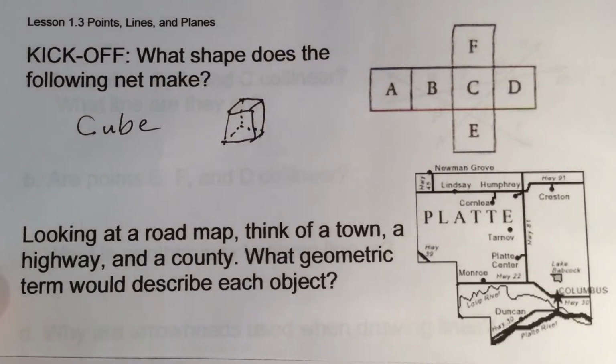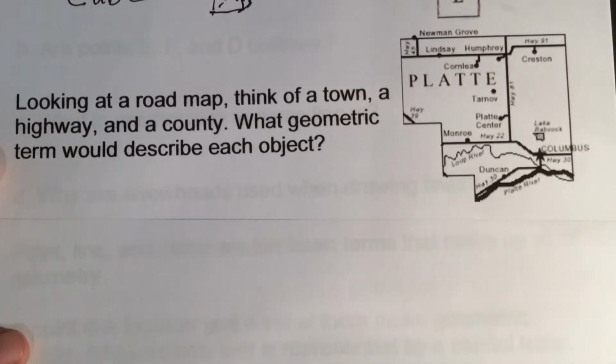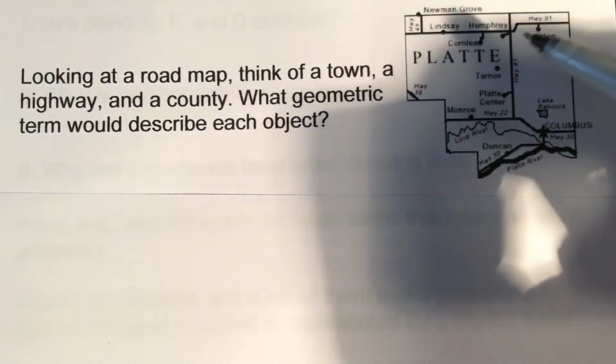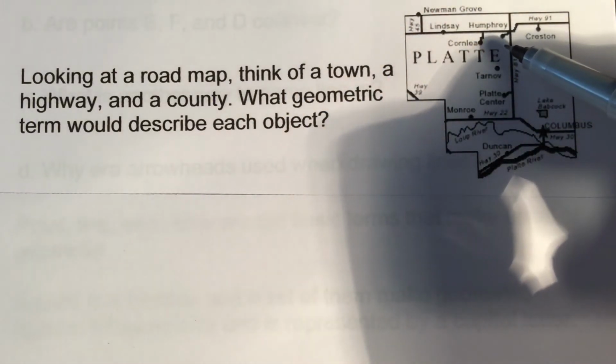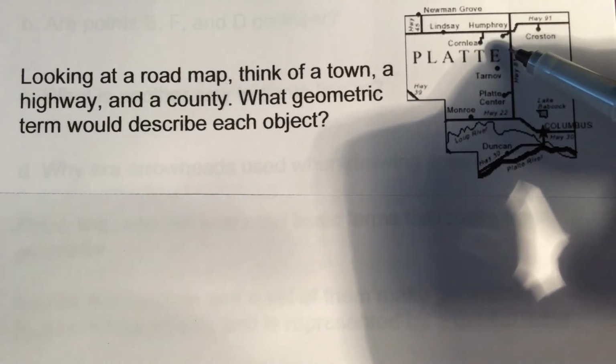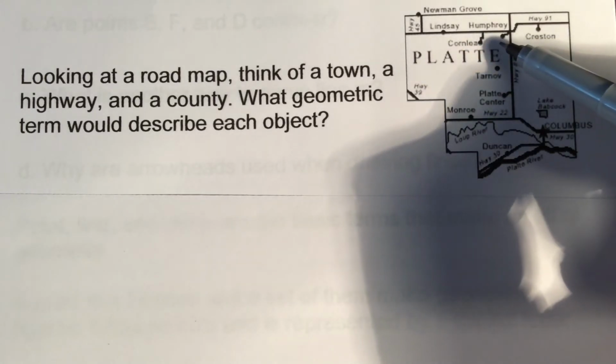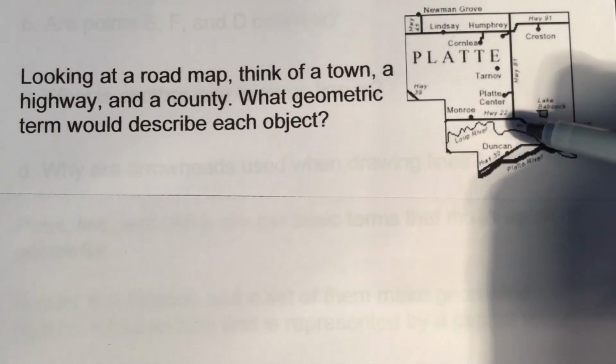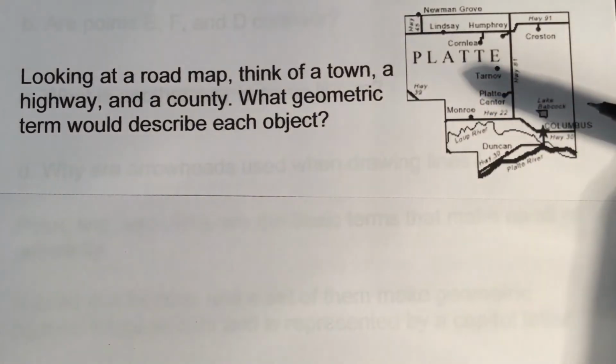So, if we looked at this map of Platte County, what geometric term would describe each object? If we look at a town there, so we have the town of Humphrey here, what is being used to describe that town? Well, we have a little dot here. If we look at a highway, say Highway 81 cutting through, what do we use there?